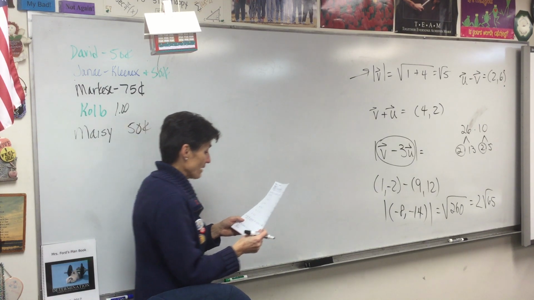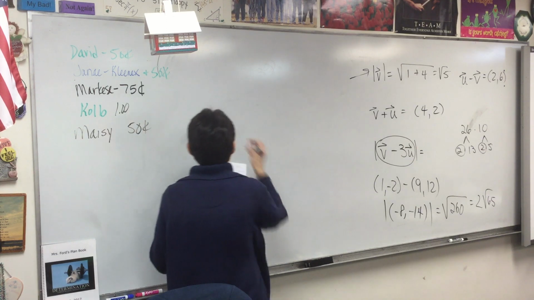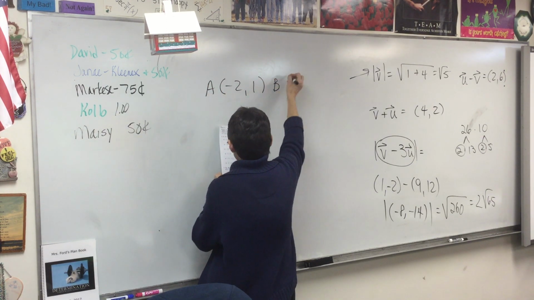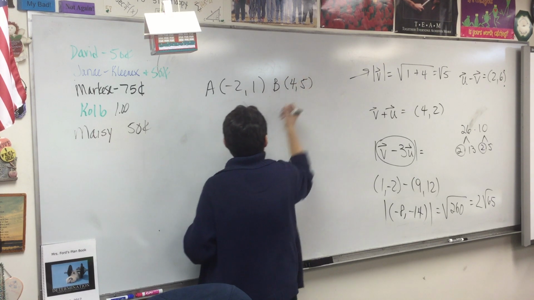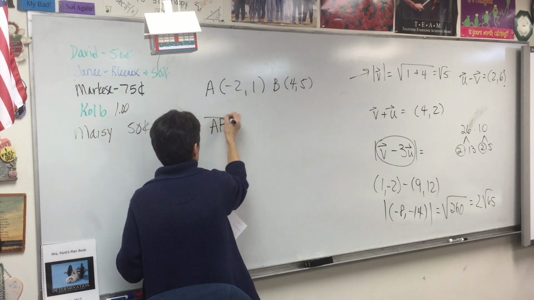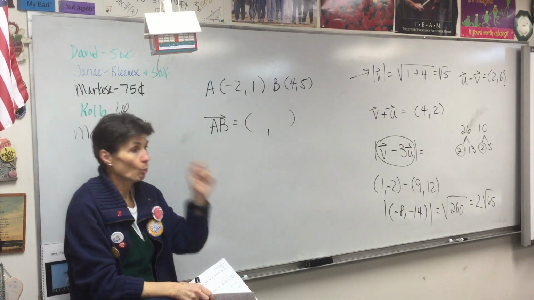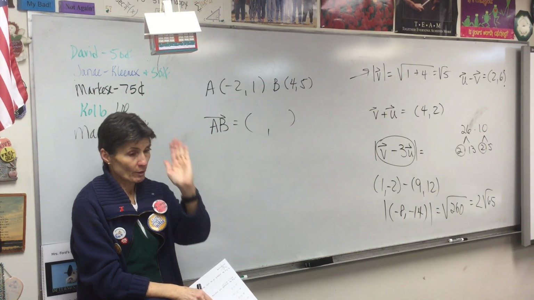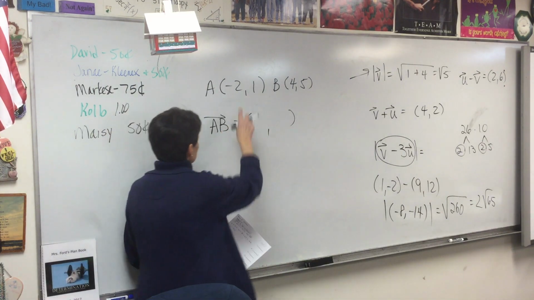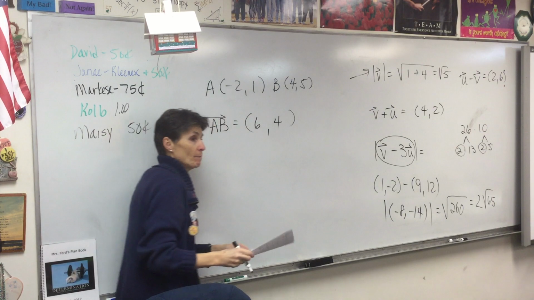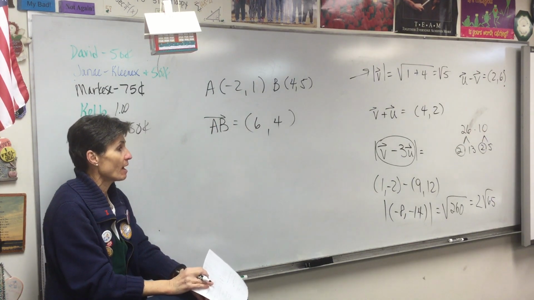All right, number 3, find the components and magnitude. So this is a 2-part question, but both of them you know how to do. What are the components of AB? Components are coordinates. You're going from A to B. So what have you got? 6, 4. So the components of AB are 6, 4.